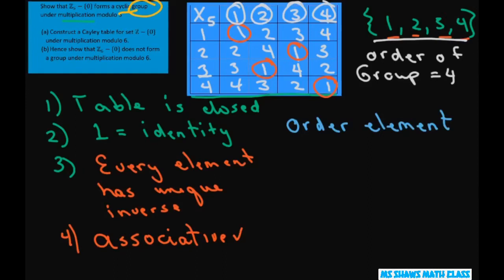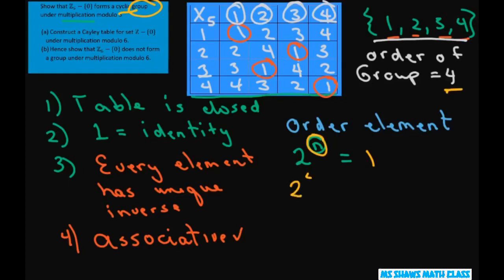So let's look at 2. This is your order, n, and 2 to the n should equal your identity, e. In our case, our identity is 1. So we want this n to be 4.